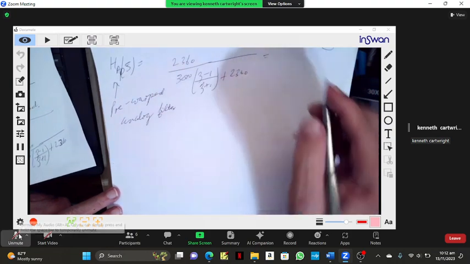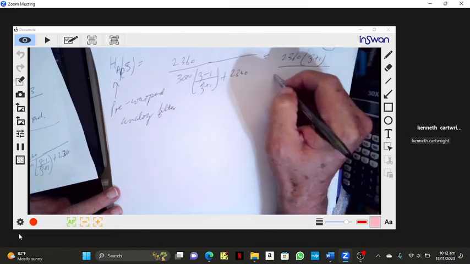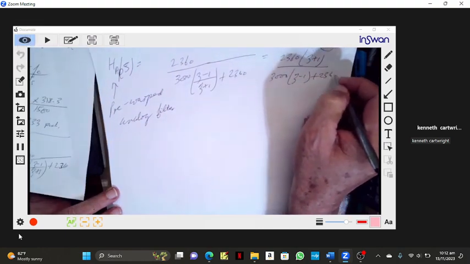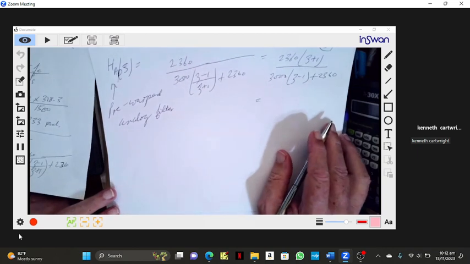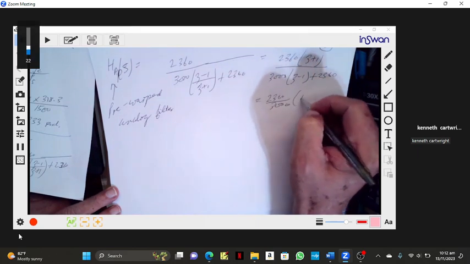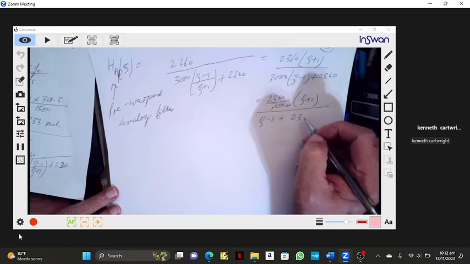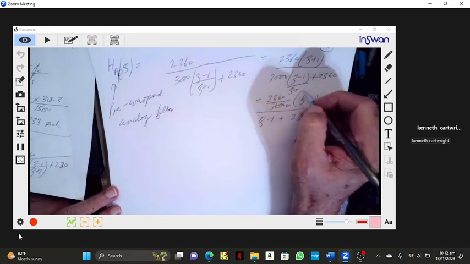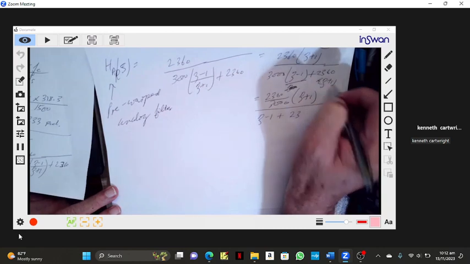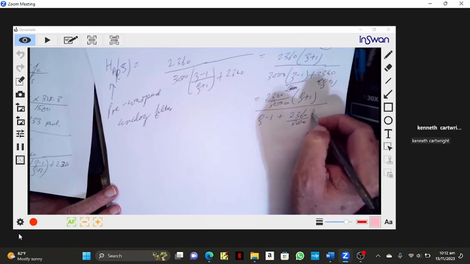And we do the math. So that's 2360 divided by 3000 times z minus 1 over z plus 1 plus 2360. This has to be multiplied by z plus 1.